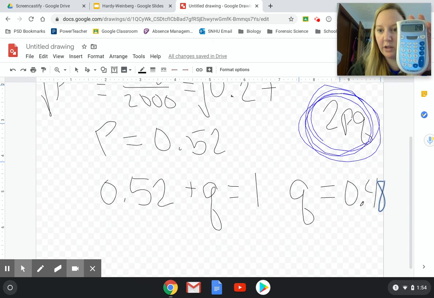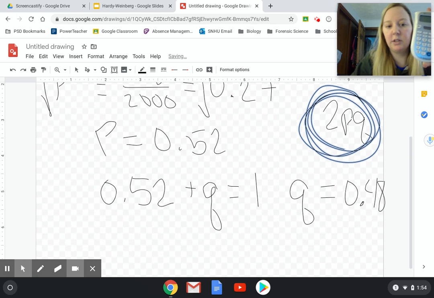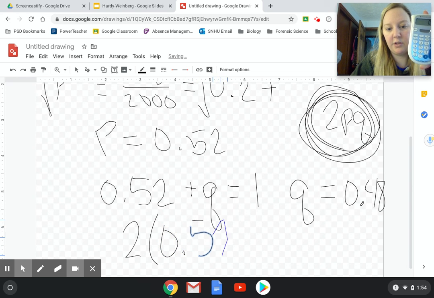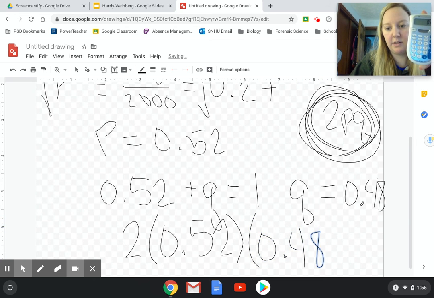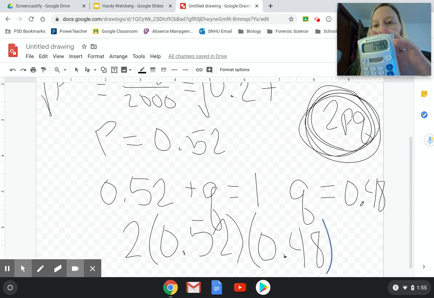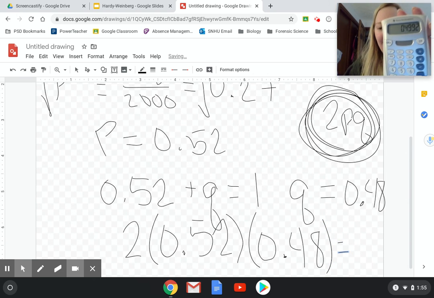Okay. Finally, we're looking for that 2pq value. 2 times p, 0.52, times q, 0.48. So 2 times 0.52 times 0.48 is 0.499.